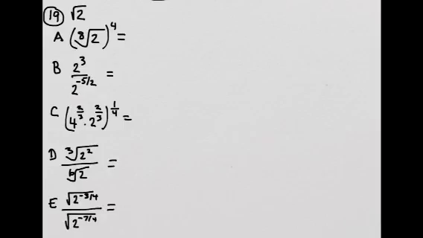Alright, so for part A, we have to choose all the ones that give you a square root of 2 as an answer. So for part A, we can rewrite this as 2 to the 4/8, which is 2 to the 1/2, which is the same thing as square root of 2. So A is good.